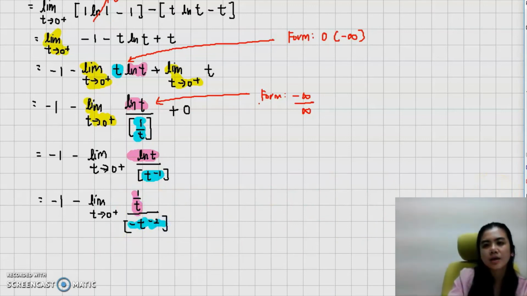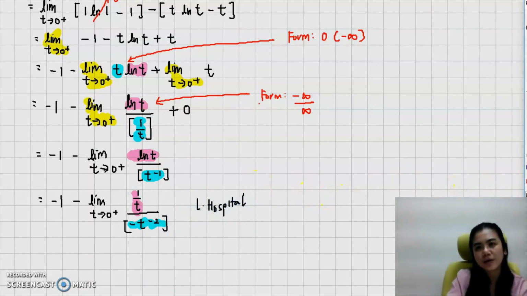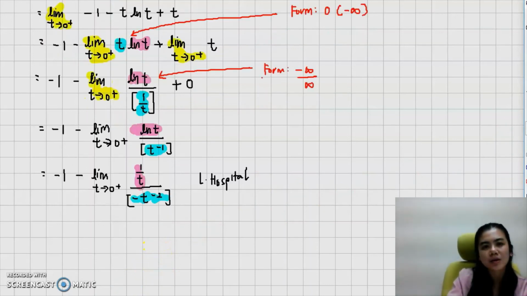So basically that is the L'Hopital. Let's simplify the things that we get here. So minus 1, and this I can rewrite as minus 1 over t squared.